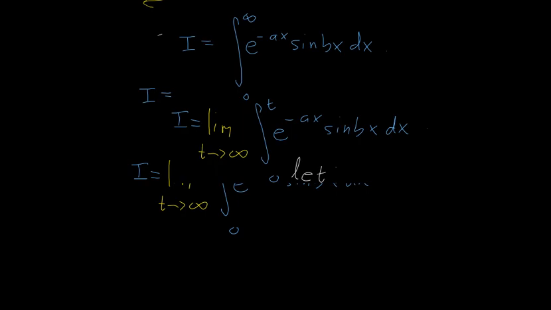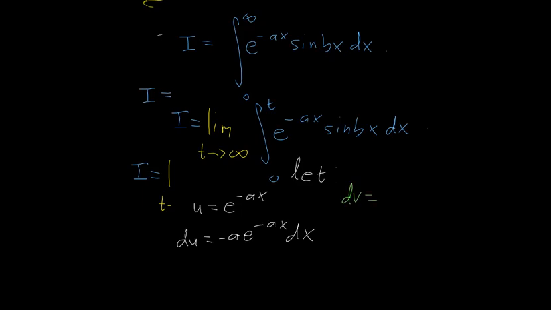So let u equal e to the negative ax. That means my du is minus a e to the negative ax dx, taking the differential. Then we also have our dv. Here's the thing with the dv: it needs to be sine bx dx.